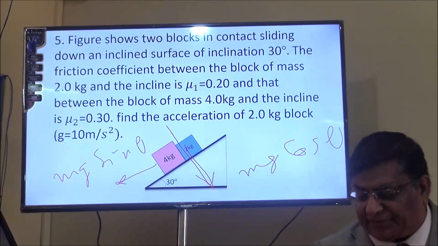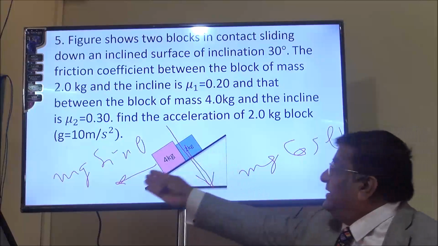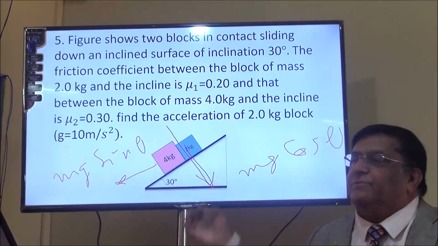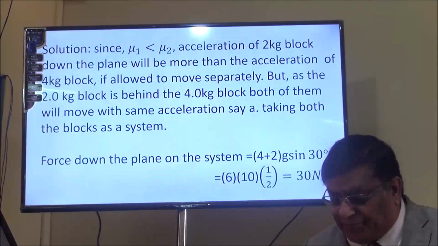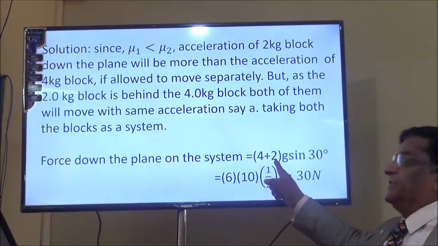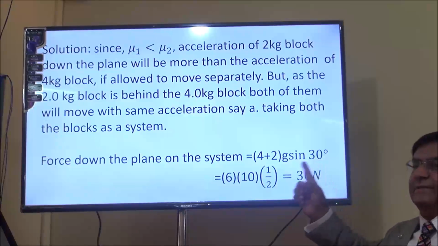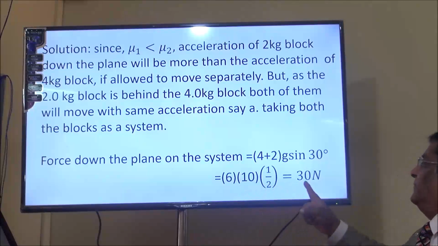Mg cos theta. This is the gravitational force which is bringing it down. How much is the m? M is 4 plus 2, this is g and this is sin 30. Mg sin 30 is the force bringing it down.